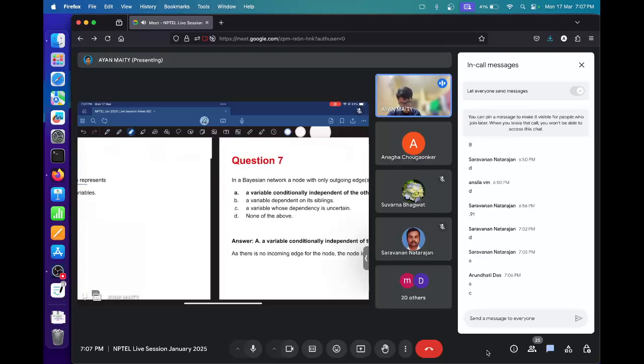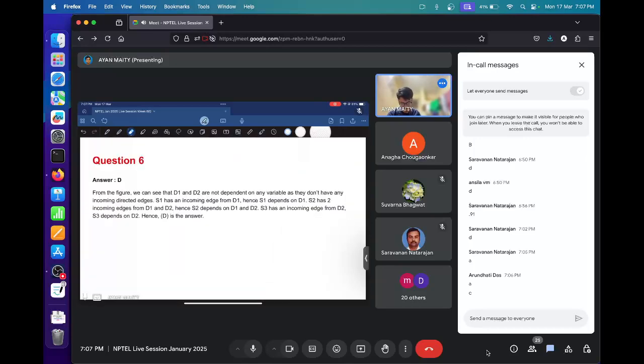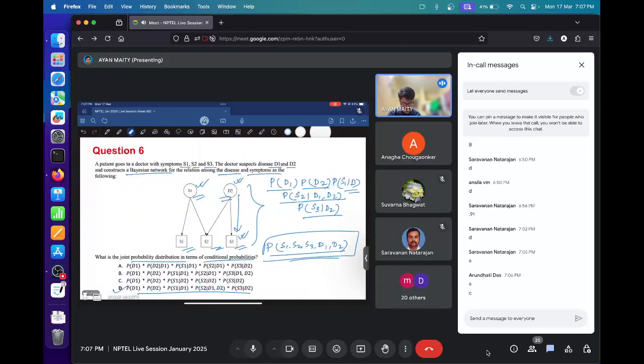For example, you can consider this previous diagram. This D1 node doesn't have any incoming edges, so D1 is not conditionally dependent on any other node. That's why in the joint distribution we can simply write probability of D1, because it is not dependent on any other nodes.